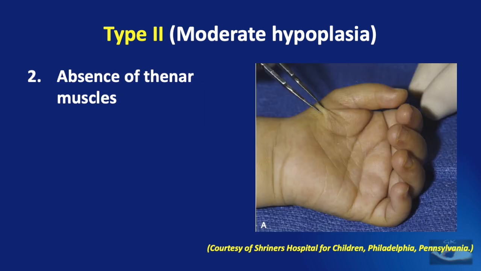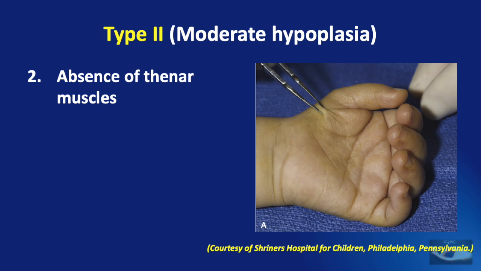The second important finding in type 2 thumb hypoplasia is the absence of thenar muscles, which is very obvious on inspection of the hand itself. This is because the thenar muscles innervated by the recurrent branch of the median nerve, that is the abductor pollicis brevis, opponens pollicis, and the superficial head of the flexor pollicis brevis, are not developed.